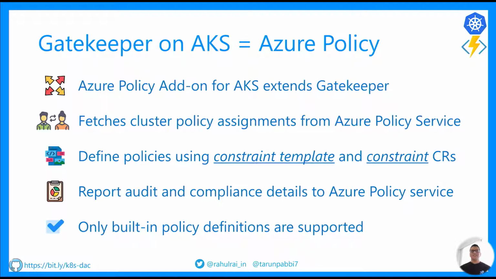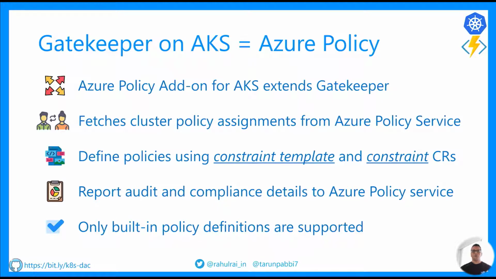Azure Policy extends Gatekeeper to apply at-scale enforcements and safeguards on your cluster in a centralized, consistent manner. With the Azure Policy add-on in the cluster, you can manage and report on the compliance state of your Kubernetes cluster from one place. Once you install the Azure Policy add-on, it processes the following functions. It first queries Azure Policy Service for the policies assigned to the cluster.